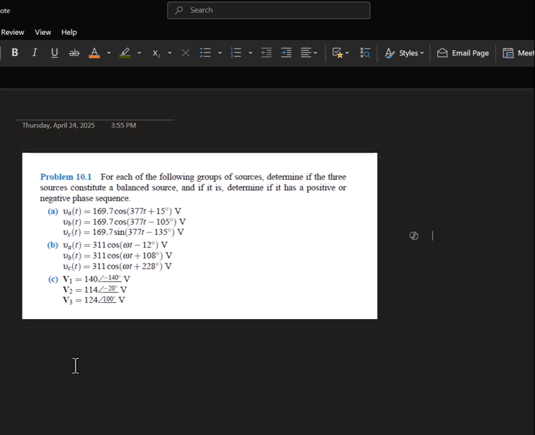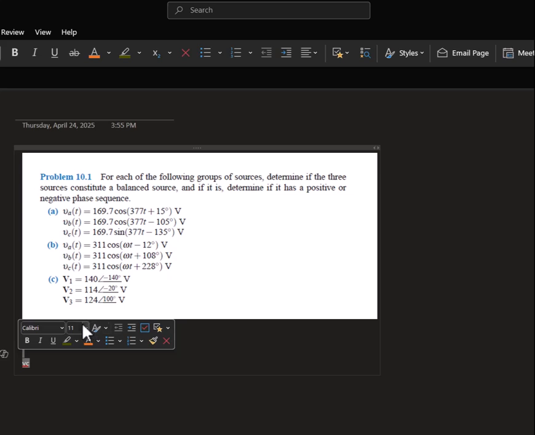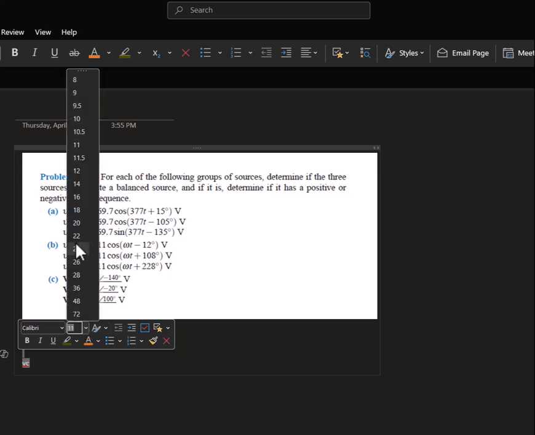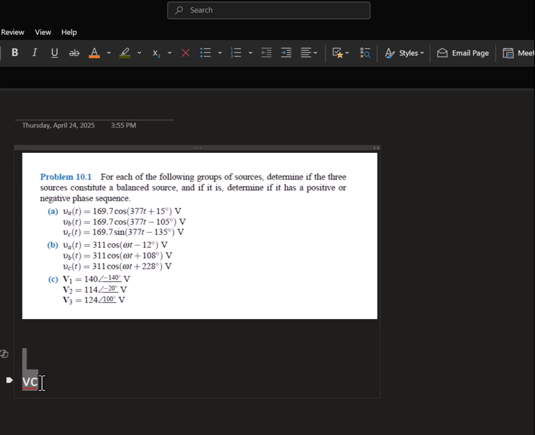So how do you change a sine to a cosine? You subtract 90. So VC equals 169.7 cosine 377t. They do have to have the same frequency, and they do all have the same frequency.